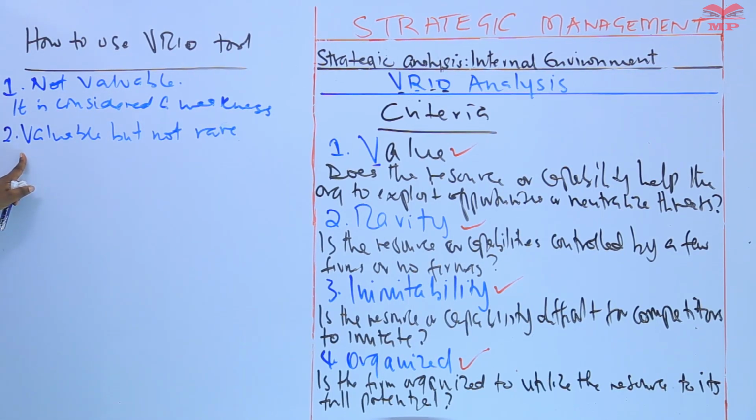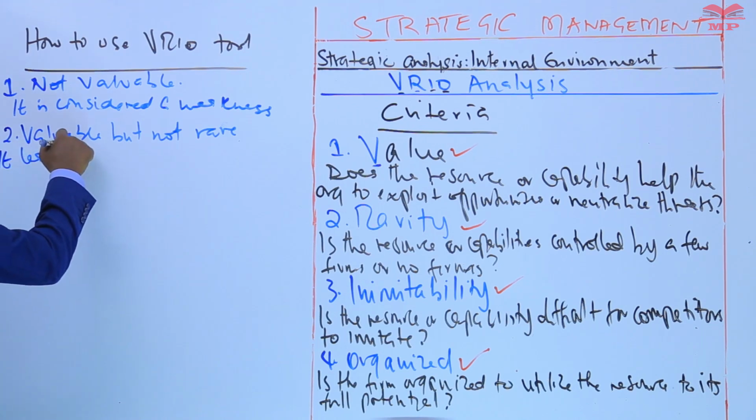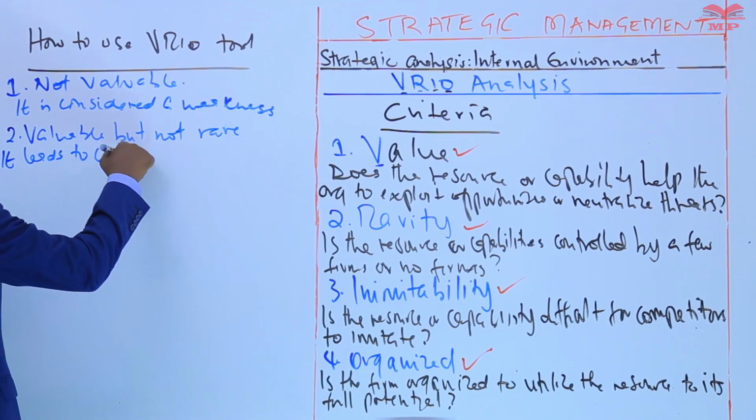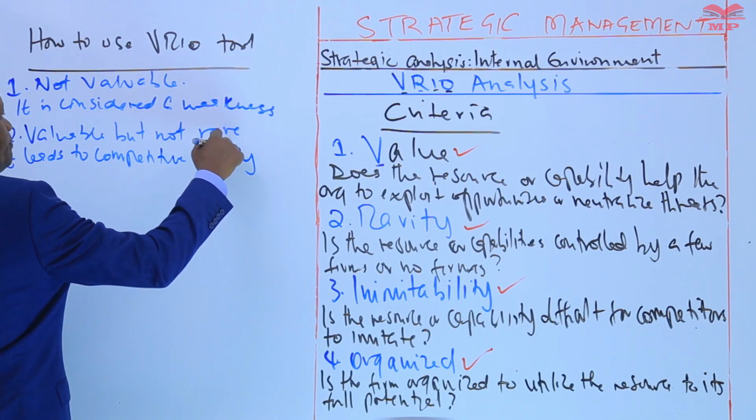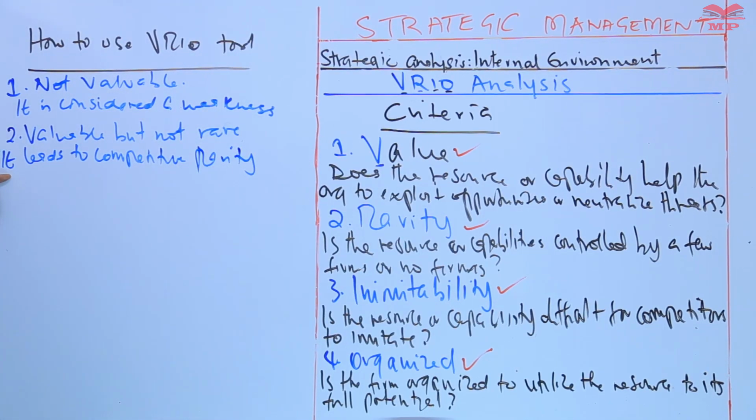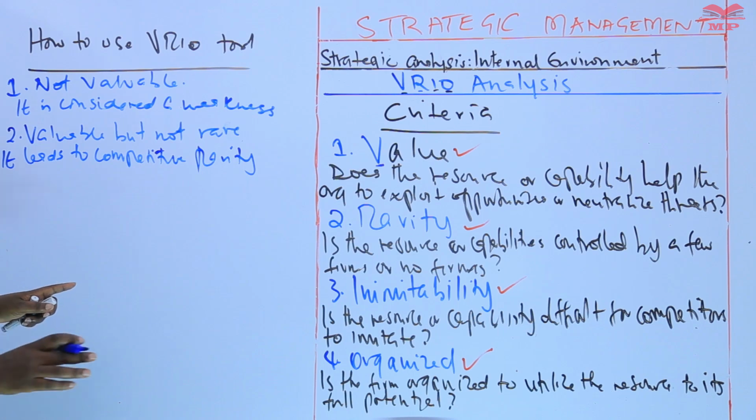It leads to what we call competitive parity. If a resource is valuable but not rare, it leads to competitive parity, meaning the firm is on par with competitors.